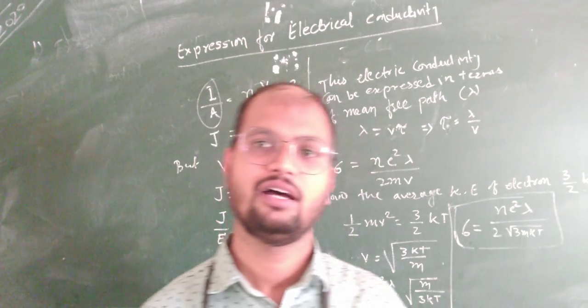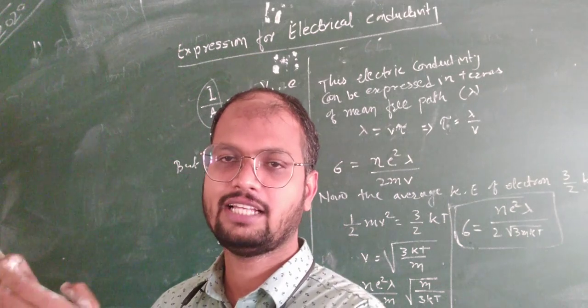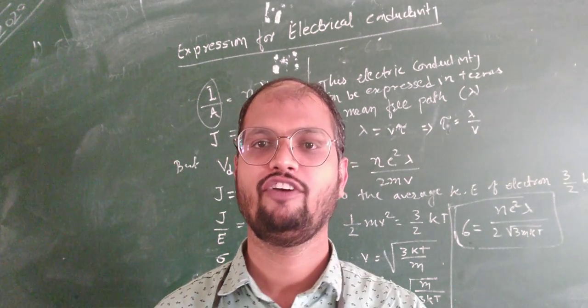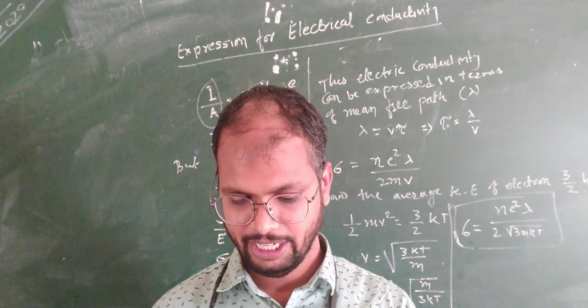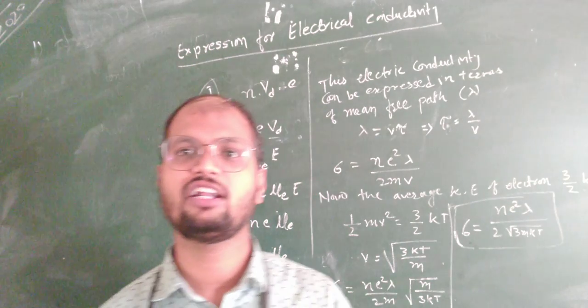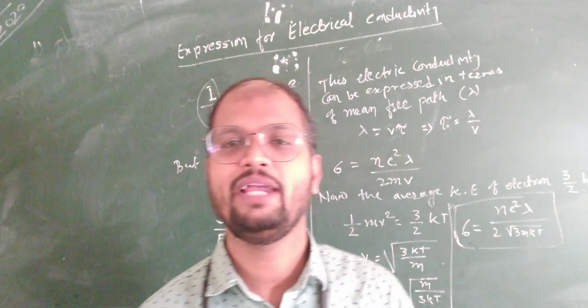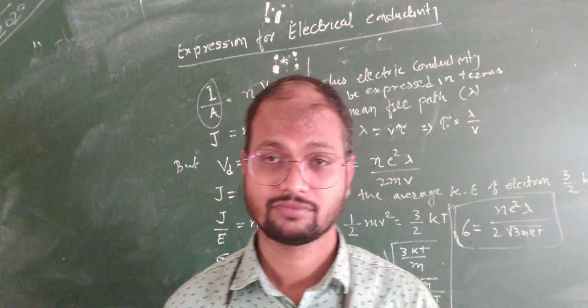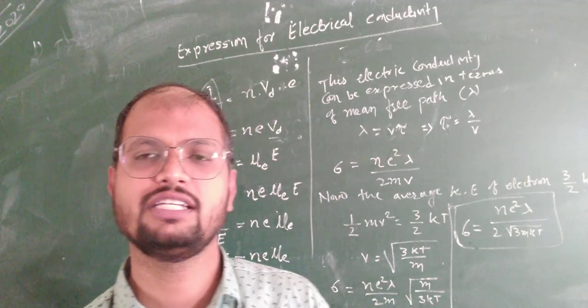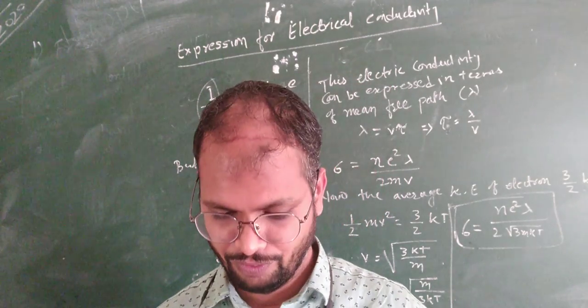So the volume of the rod is the cross-section area multiplied by the drift velocity, A into Vd. Therefore the number of electrons in this volume is n A Vd.